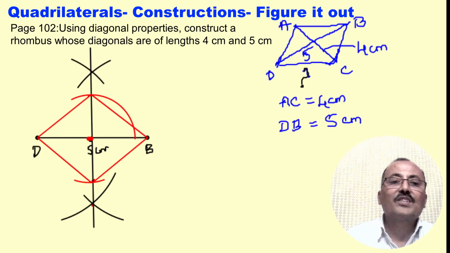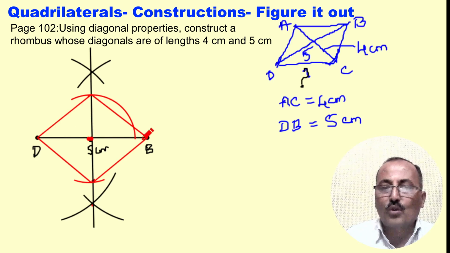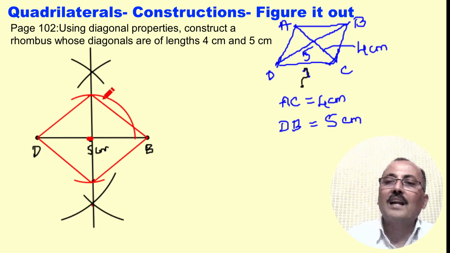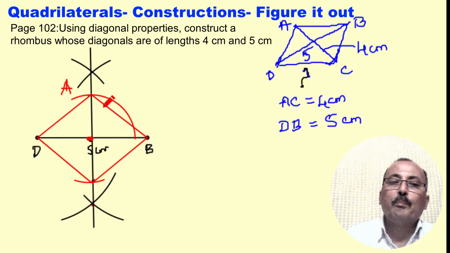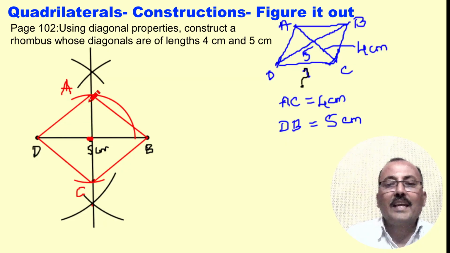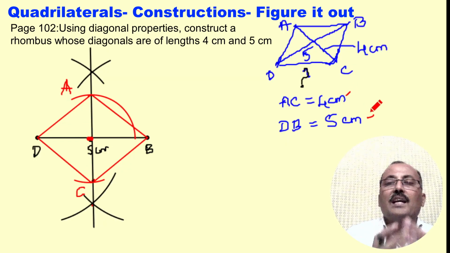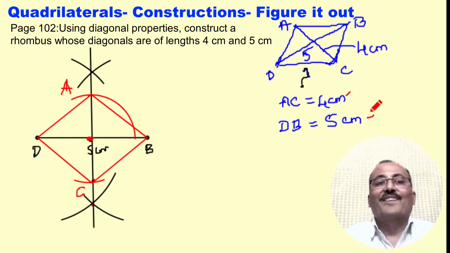Now what is this one? How much is this? We don't know. How much is this? We don't know. This total DB is 5 centimeter, and now this is A, B, C. This point is C and D. Now AC equal to 4 centimeter and DB equal to 5 centimeter. Hence we have constructed a rhombus.